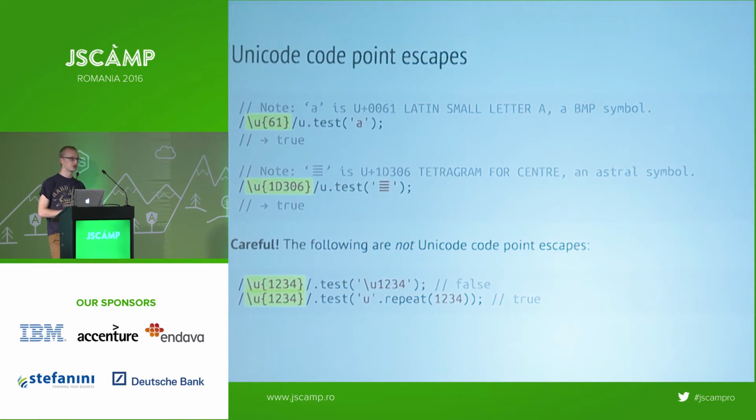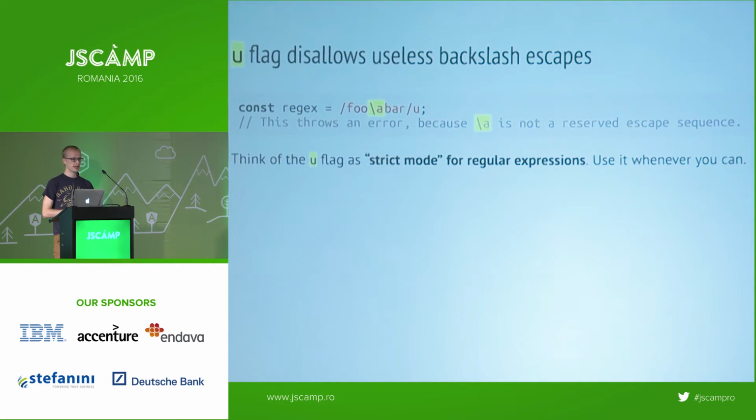And for this reason, you shouldn't blindly just add the U flag to all your existing regular expressions, as tempting as that may sound, because it might accidentally change the meaning of your regular expression and break your code because of it. Now, one feature of the U flag is that it disallows these useless backslash escapes. So if you do something like backslash A in a regular expression, well, there's really no reason why you would want to do that, because A is not a special character with special meaning in regular expressions.